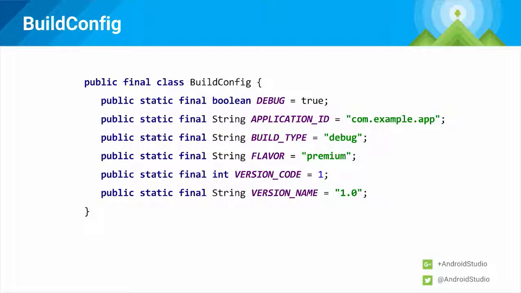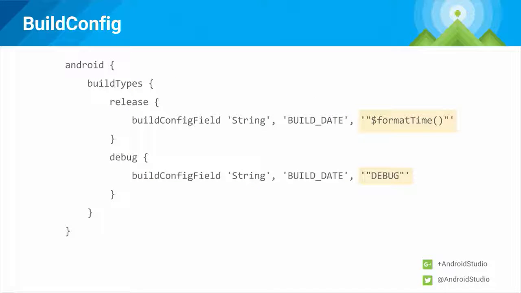You can use it to, at runtime, execute different code depending on the given flavor. So for example, you may want to write an if statement that checks if flavor is premium. And you can also add additional fields to the BuildConfig class by using the buildConfigField method on build types, but also flavors.